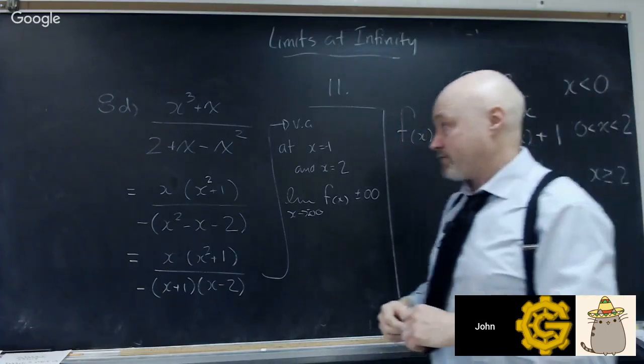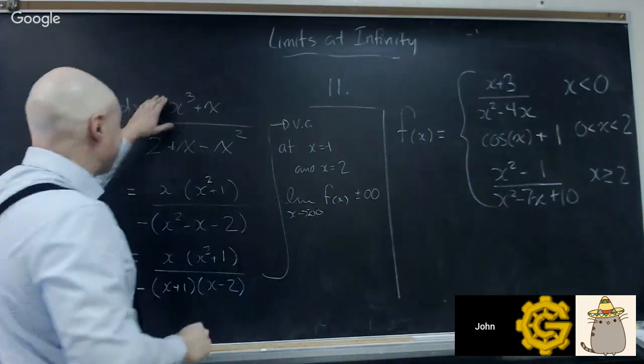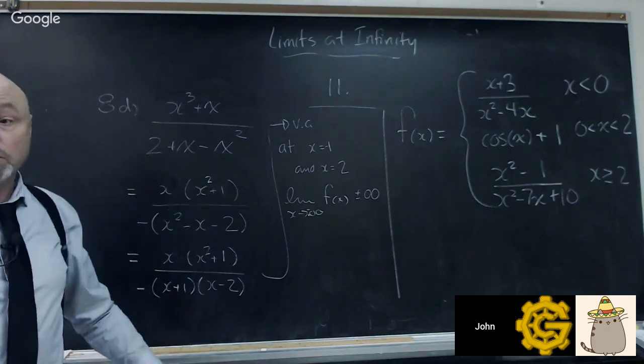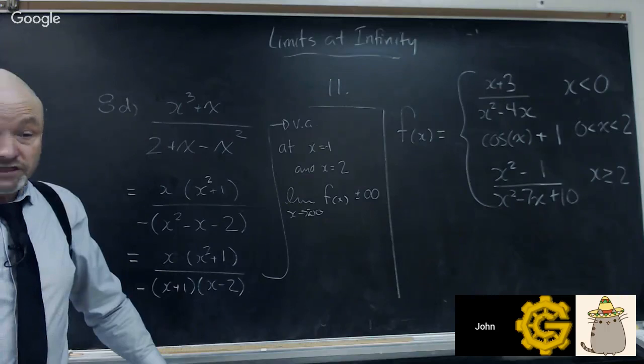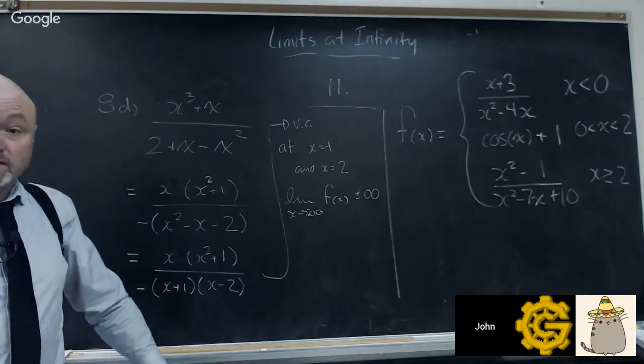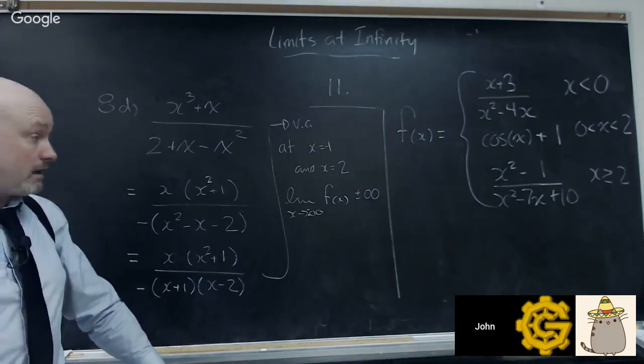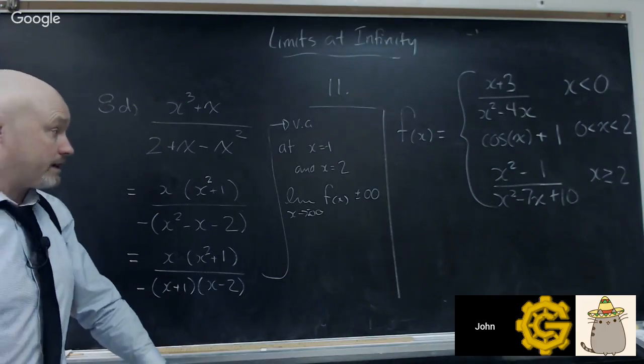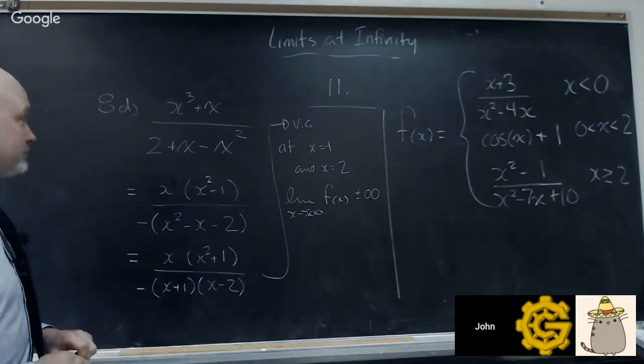And if you look at the graph, you can actually see, because the degree of the top is 1 more than the degree of the bottom, there is an oblique asymptote. This question isn't asking you to find oblique asymptotes. It's only asking you to find vertical and horizontal asymptotes. All right. So we have 2 vertical asymptotes.